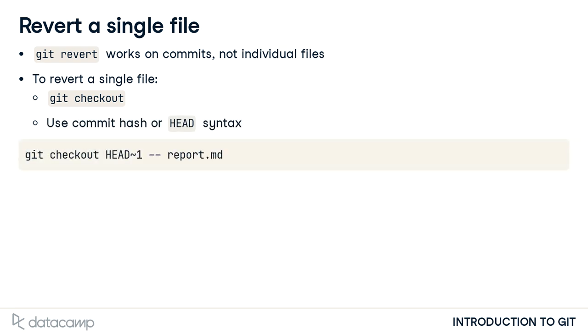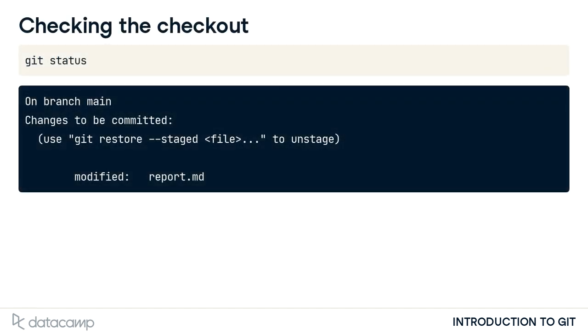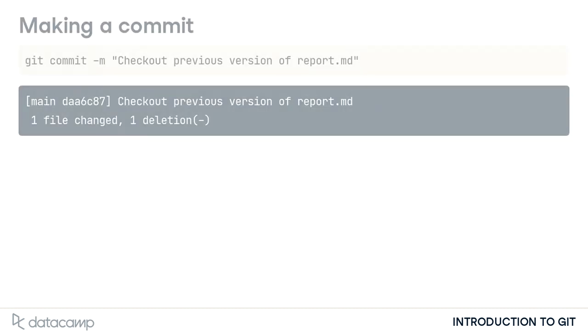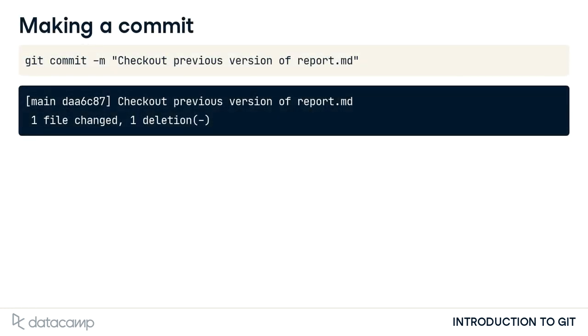Here, we refer to the second most recent commit and narrow the command to a single file by including 2 dashes, a space, and the file name. We won't get an output, but we confirm the file has been modified to its previous state and is in the staging area by running git status. We then make a new commit to save the file's latest state.